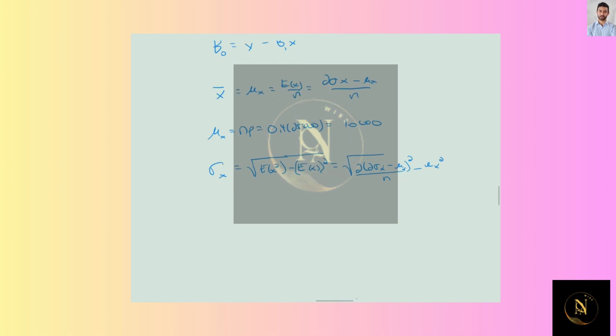Substituting the values, we would get the square root of 2 times (2 sigma x minus 10,000) squared over 300, minus 10,000 squared.